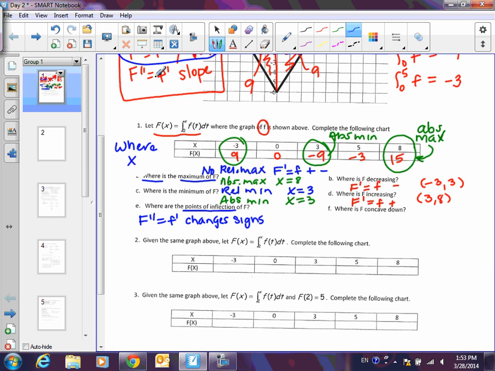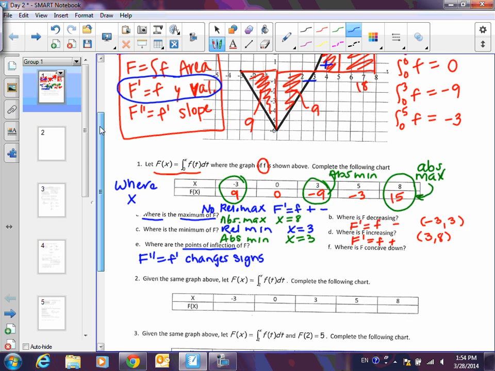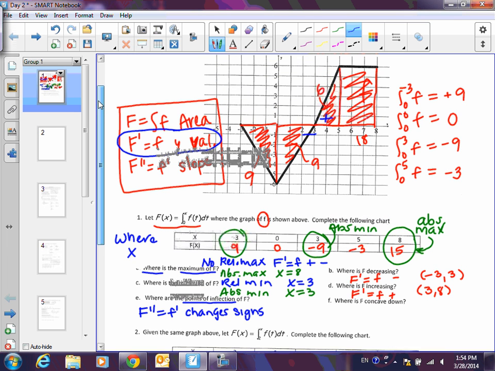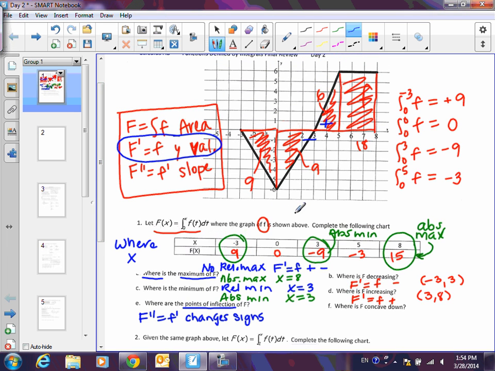I'm really saying where is the slope changing signs? In other words, where is this graph increasing and then decreasing, or decreasing and then increasing? So where do you think? 0, -6. Yep, so if I'm saying where, I would just say x equals 0.